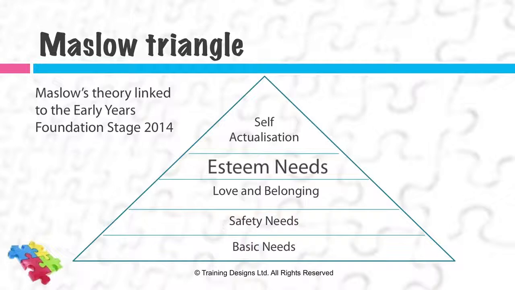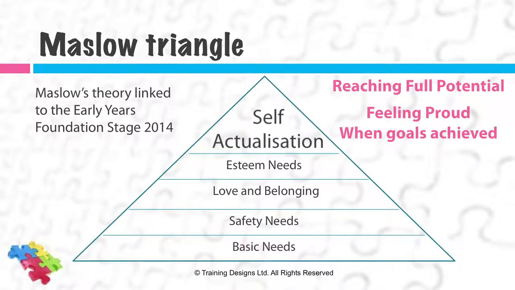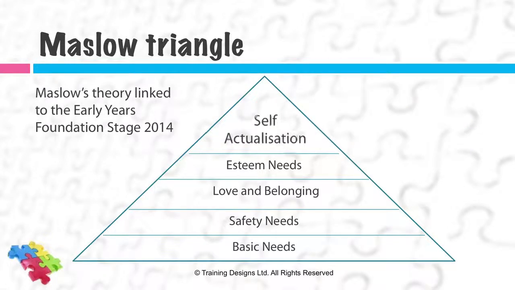Esteem needs refers to needs including a feeling of self-respect, being valued and dignity. And lastly, needs around self-actualization include reaching our full potential and feeling proud when goals have been achieved.